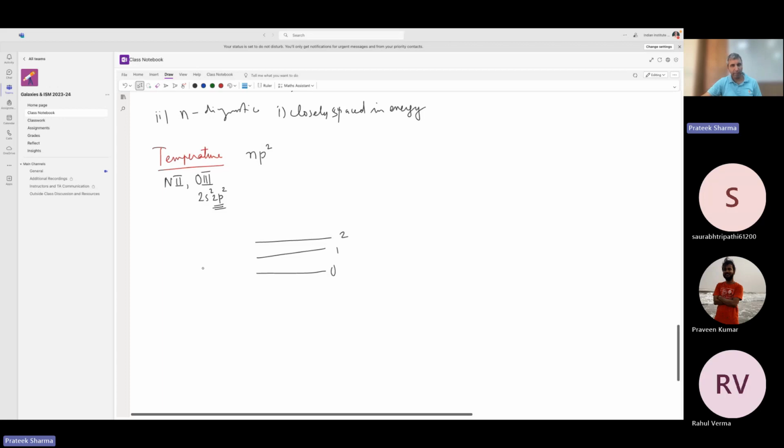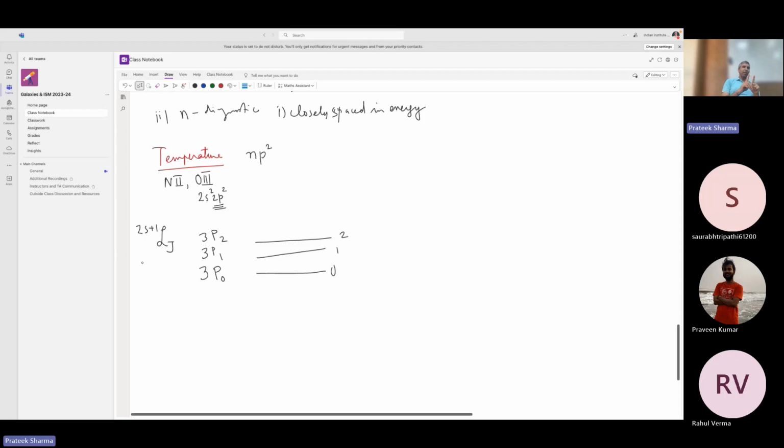So this is the 3P0 state, this is the 3P1 state, and this is 3P2. These are term symbols, right? So it's 2S+1 L_J.